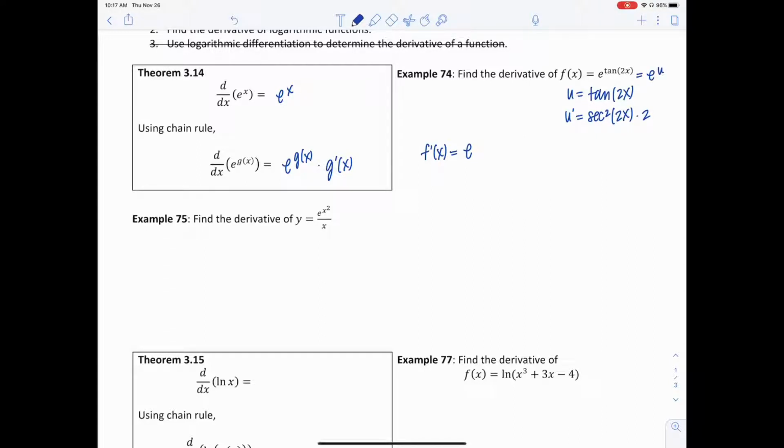So the derivative would be e to the u times u prime, which is e to the tan of 2x times secant squared 2x times 2. I like to put the 2 in front. And there is my final answer.